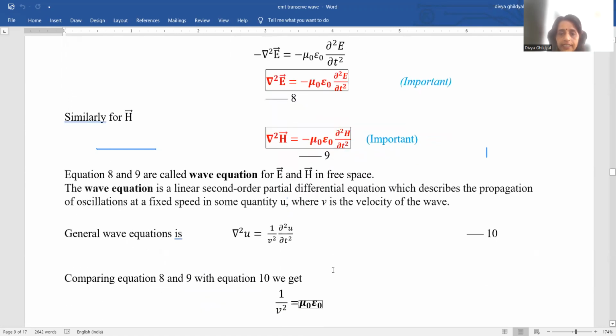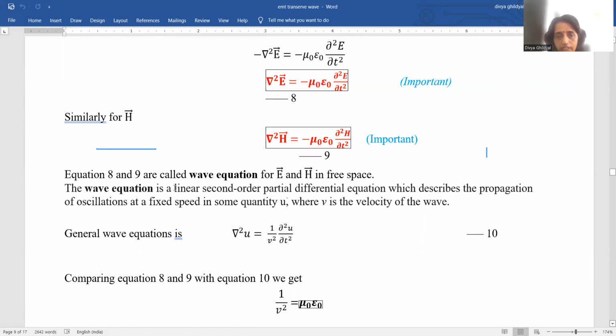What is basically a wave equation, or how do you write it in a general form? We will compare this electric and magnetic field equation with our very general equation of waveform and find an expression for velocity of light.